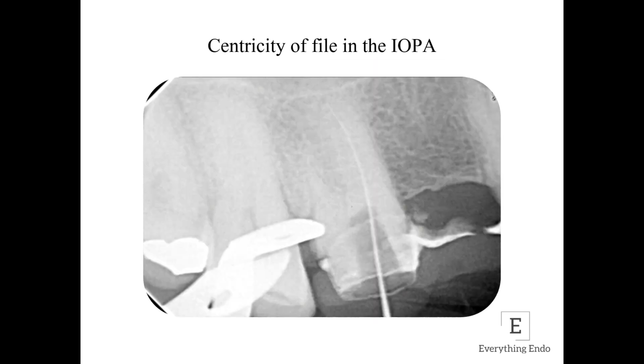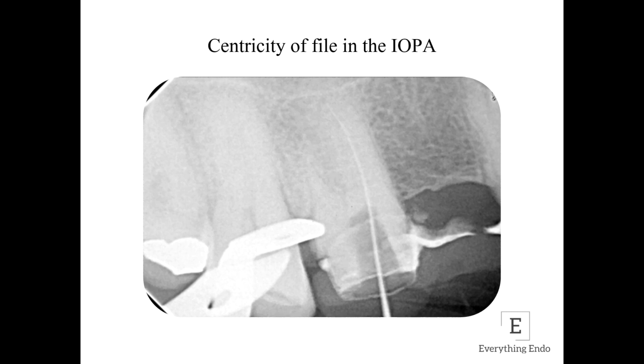So what I've done here is, I've banked on what is called the centricity of the file in the IOPA. So in certain cases, when you're unsure whether you have an MB2 or not, what you can do is put a file in the existing MB canal and then take a well-angulated radiograph.